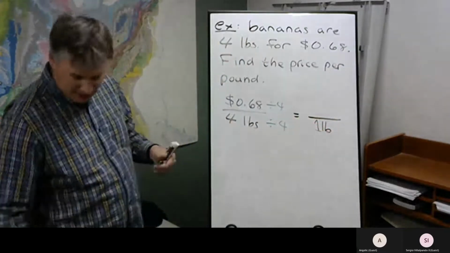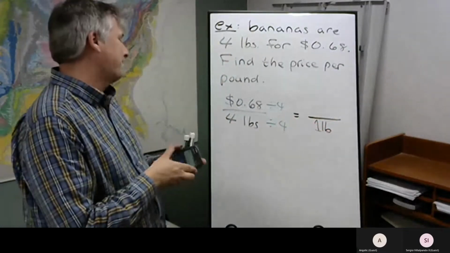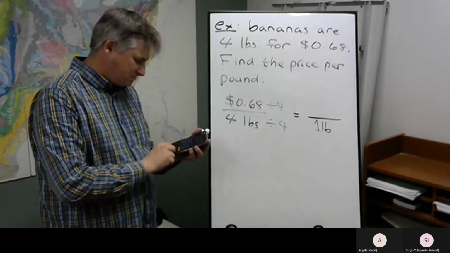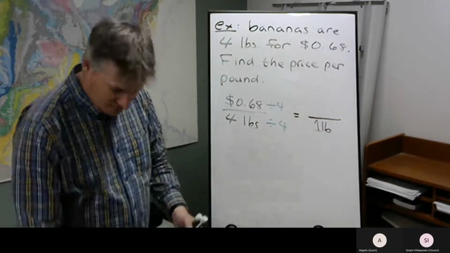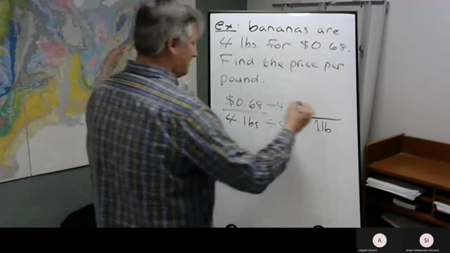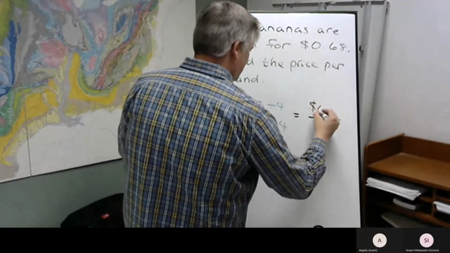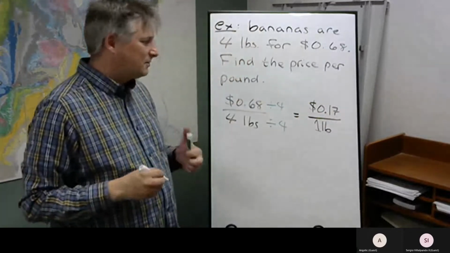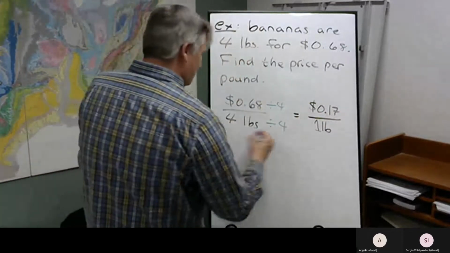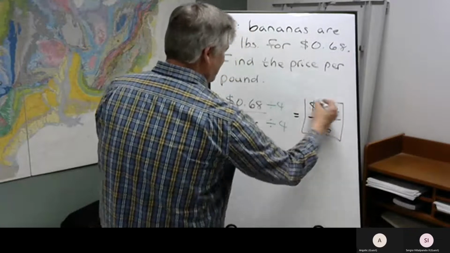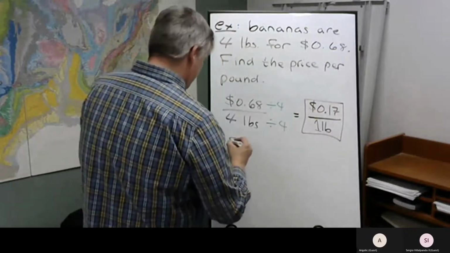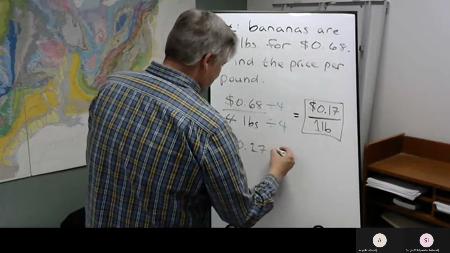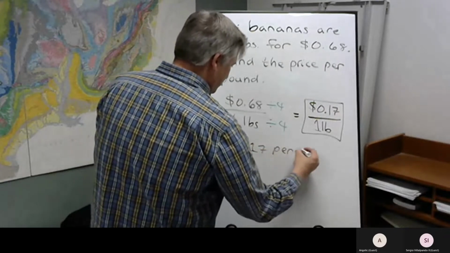Let's see, 68 divided by 4 will be 17 cents per 1 pound, or $0.17 per pound.